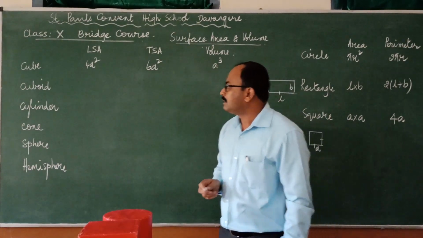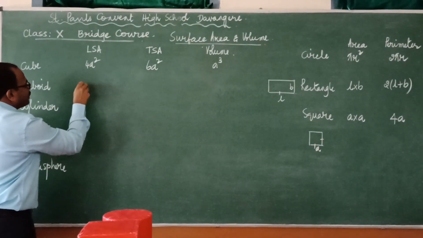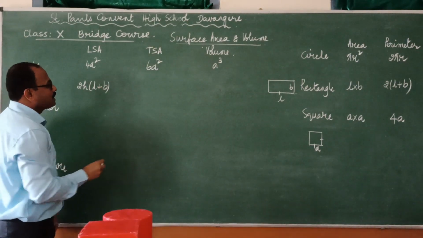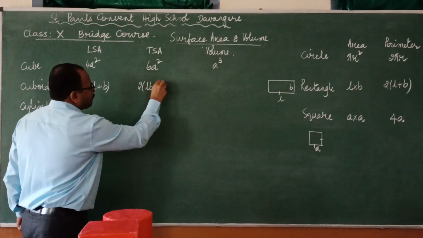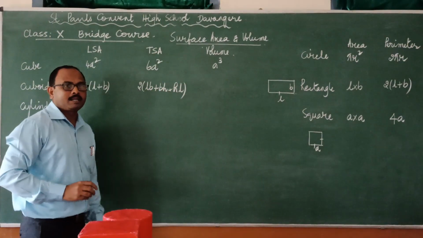Try to remember. Regarding the cuboid, children, the lateral surface area is calculated as 2h into L plus B. Total surface area becomes twice of LB plus BH plus HL, children.